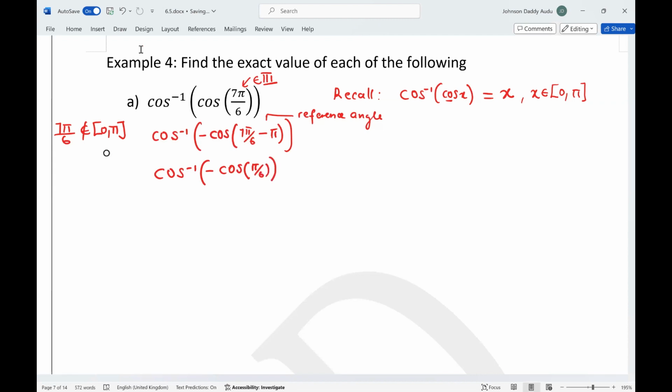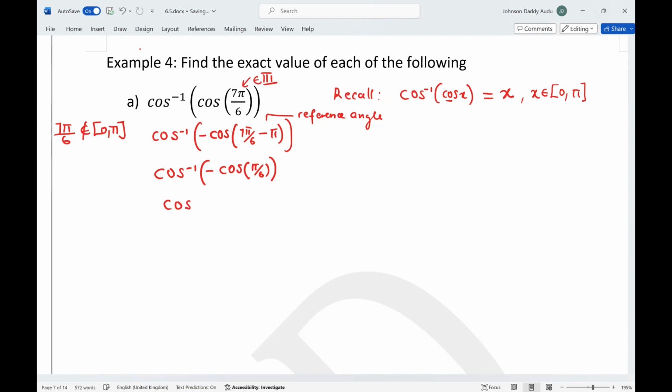Now, another thing here is that cosine inverse is not even, so we cannot cancel this minus here. And since cosine inverse is also not odd, we cannot take the minus outside. So the best thing to do is just to evaluate this.